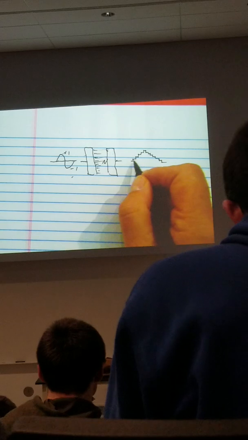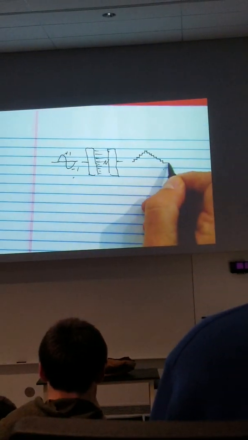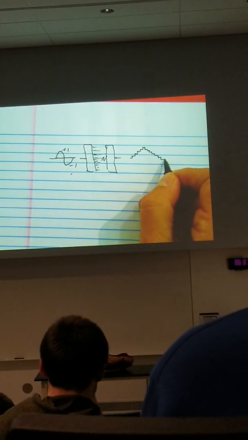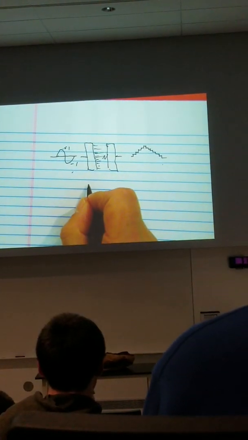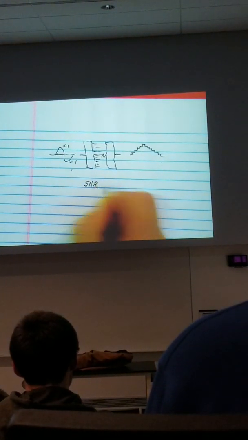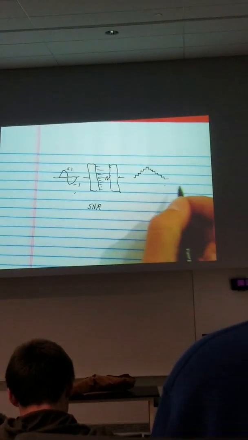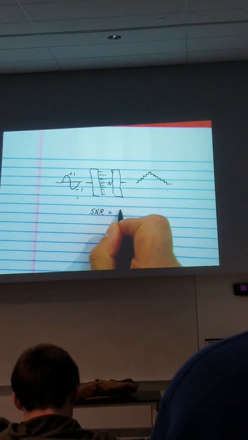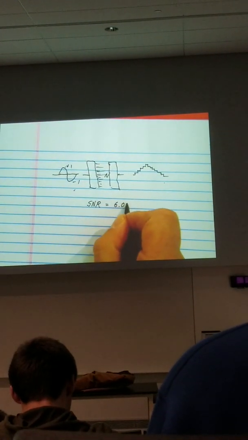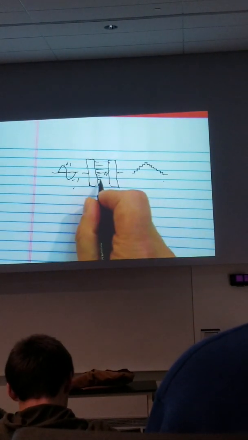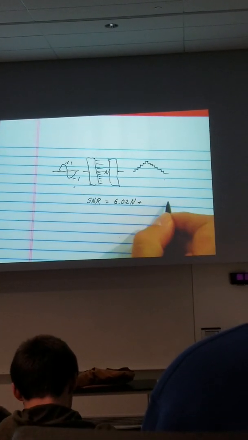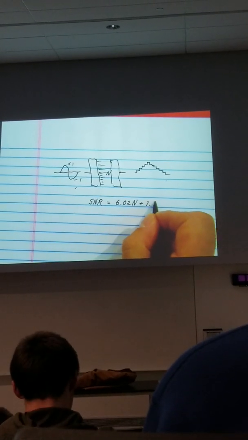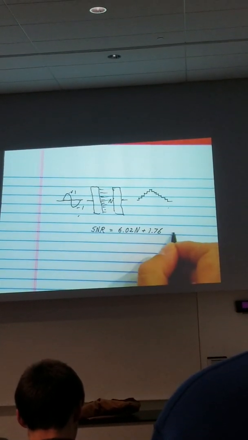Well, this signal has obviously got some errors in it, and it turns out that there's a famous formula that the signal to noise ratio of the resulting signal is equal to 6.02n, where n is the number of bits of the converter, plus 1.76 dB.